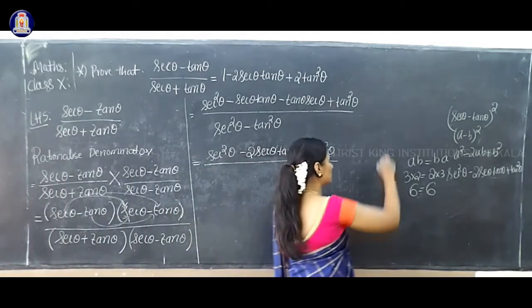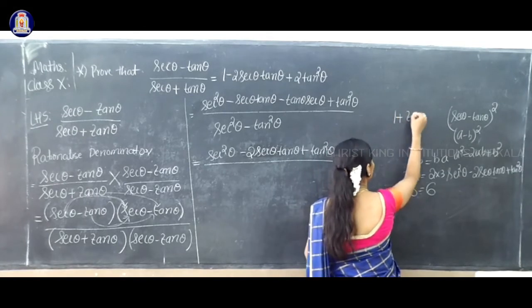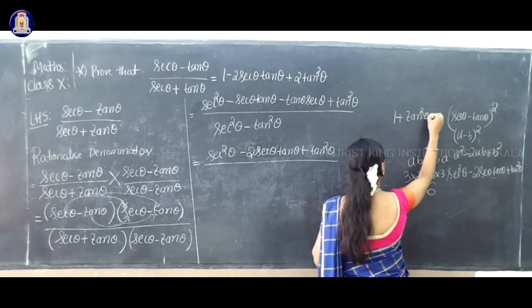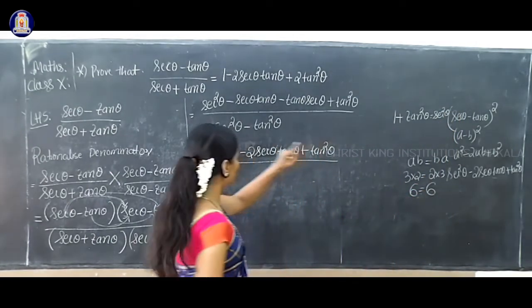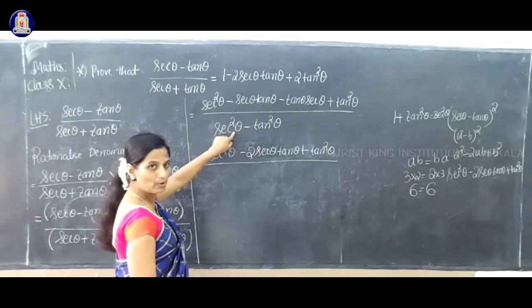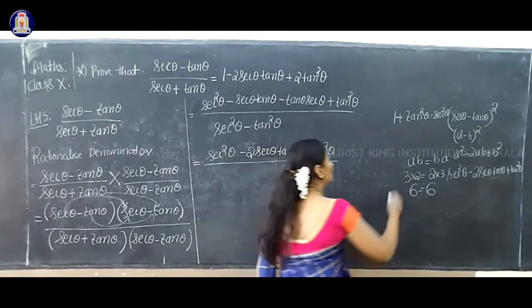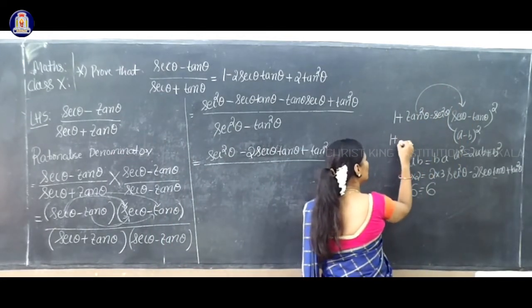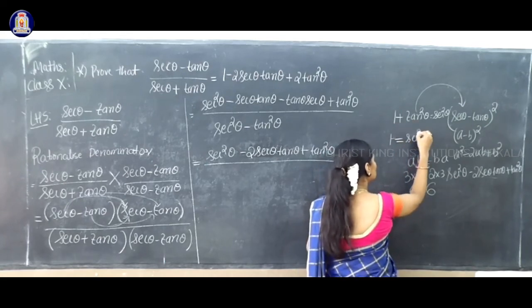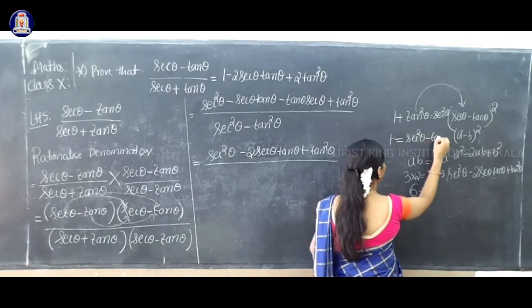Your basic formula is 1 plus tan square theta is equal to secant square theta, right? So here rearrange that according to this one. Tan square goes to that side. So then 1 is equal to secant square theta minus tan square theta.